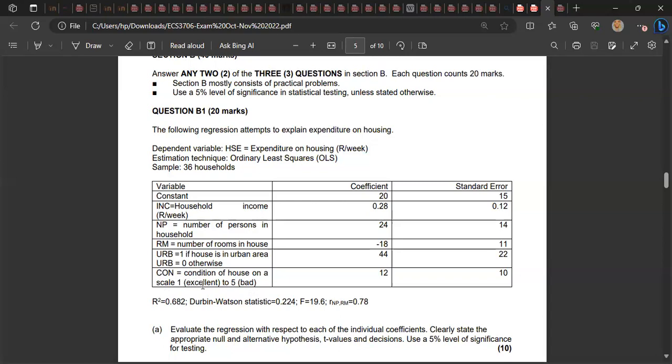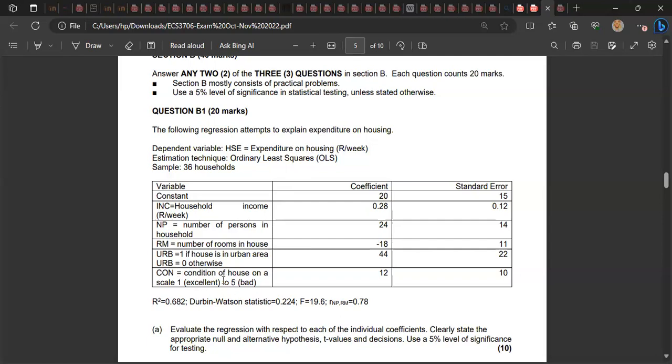I thought they would have done it the other way around. If they had, I would have gone for a positive relationship, expecting that if the condition of the house is excellent, then the expenditure on that housing is also high. But in this instance, it is moving from 5 to 1. It could have been a mistake on their part, but we will take it as it is.